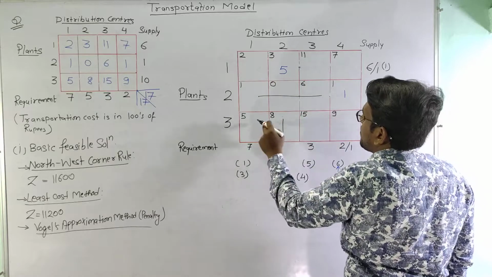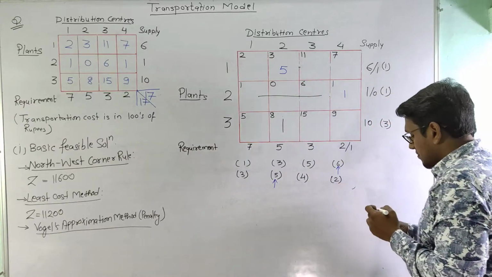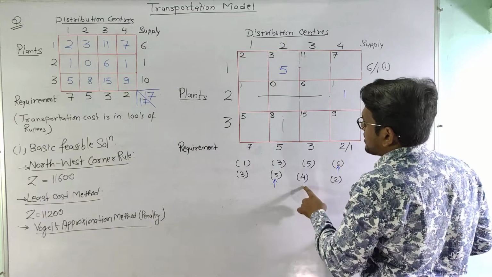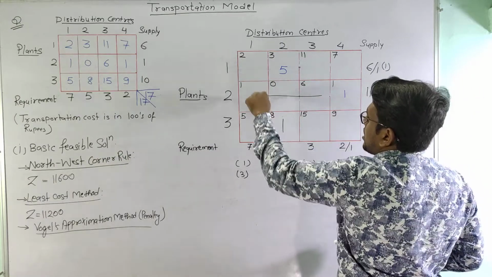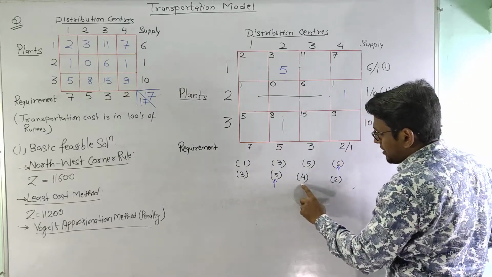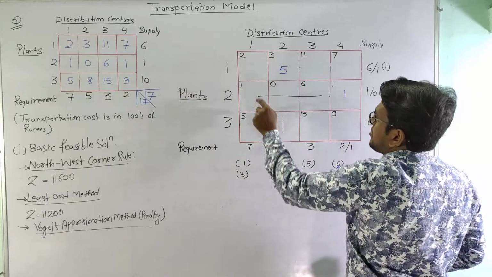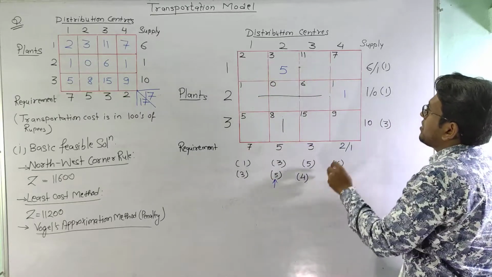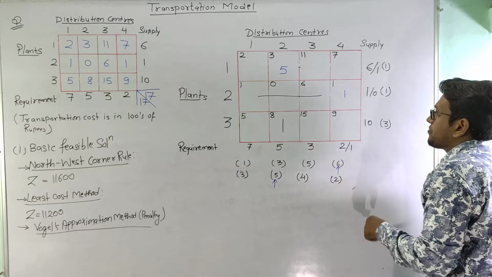Again, from the remaining cells we need to calculate the penalty values. As columns 1, 3 and 4 do not change, the penalties remain the same: 5 minus 2 is 3, 15 minus 11 is 4, and 9 minus 7 is 2.